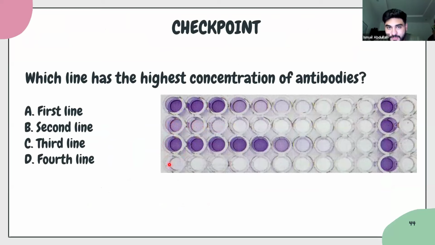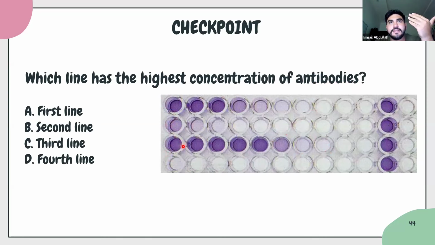But just to make sure the others are not confused, the one with the highest concentration is going to be C. Because I kept adding and adding till I see no sign of growth. So the more antibiotics there are, sorry, it's a typo, the more you add.